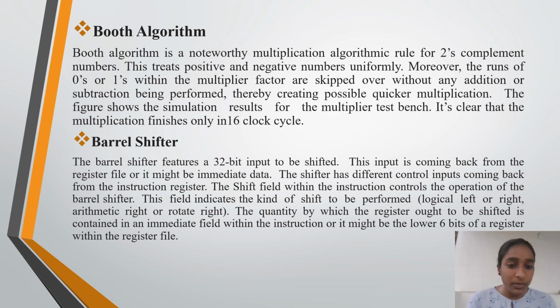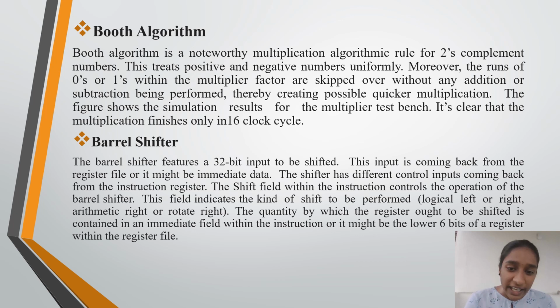Parallel shifter. The parallel shifter features a 32-bit input to be shifted. This input is coming from the register file, or it might be immediate data. The shifter has different control inputs coming from the instruction register. The shift field within the instruction controls the operation of the parallel shifter.